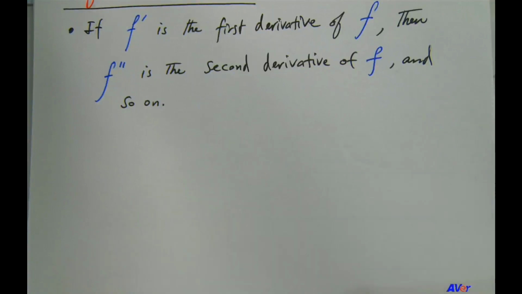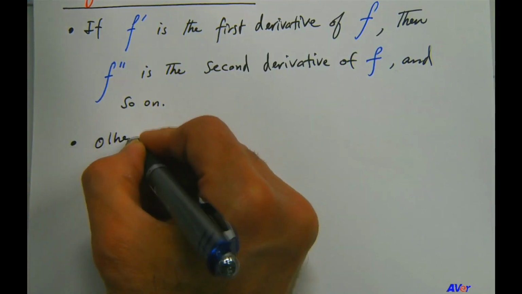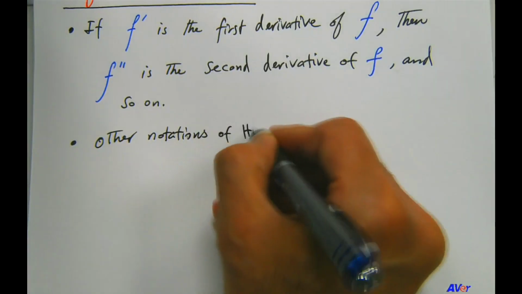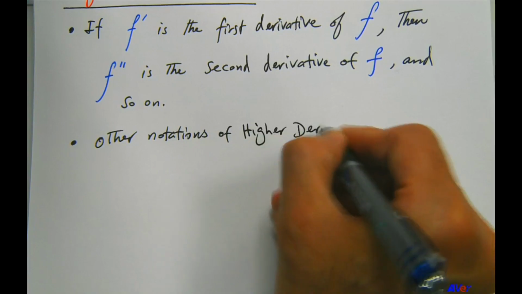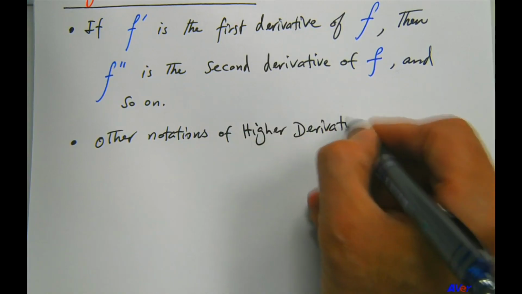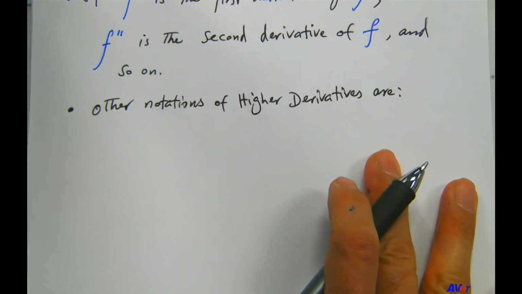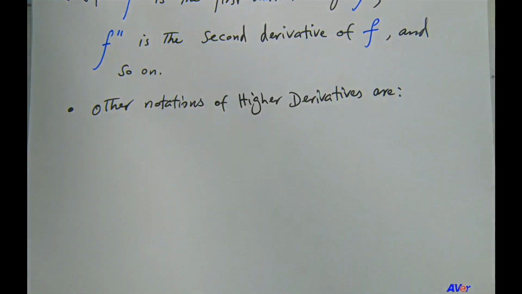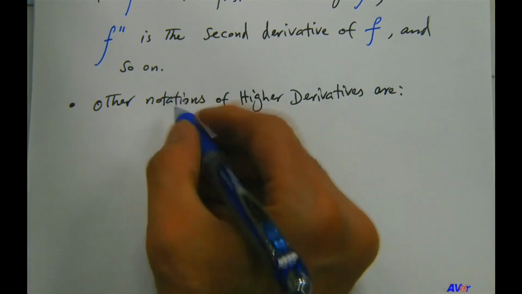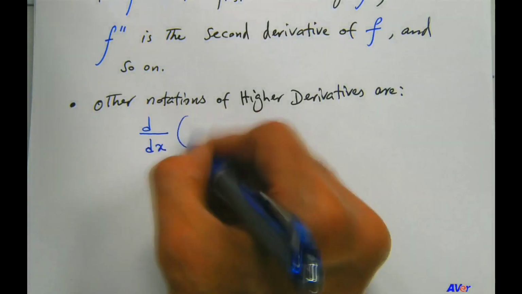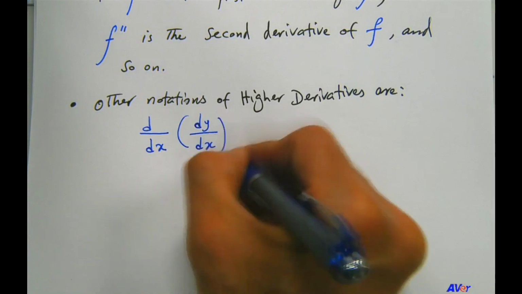So other notations of the higher derivatives are as follows. Other notation basically means that we're learning a new language, right? We need to learn how to speak in this language. So we can have d/dx of dy/dx.